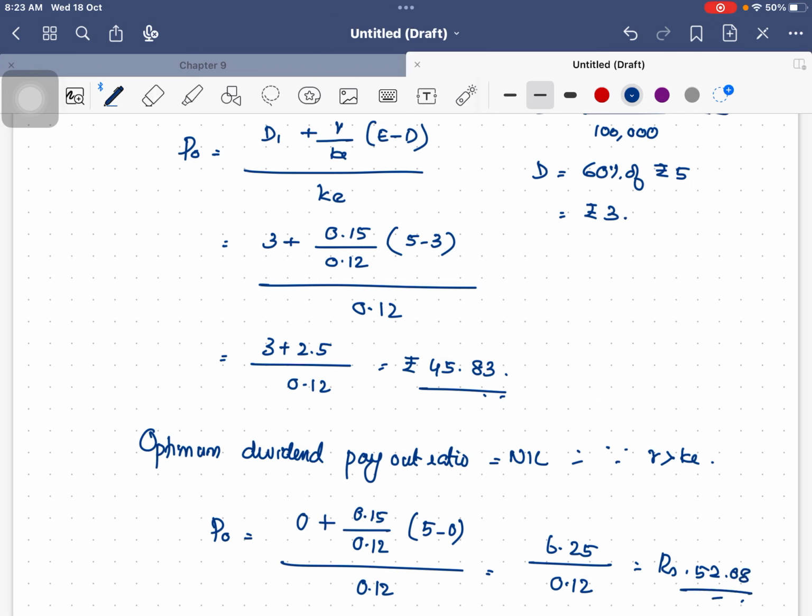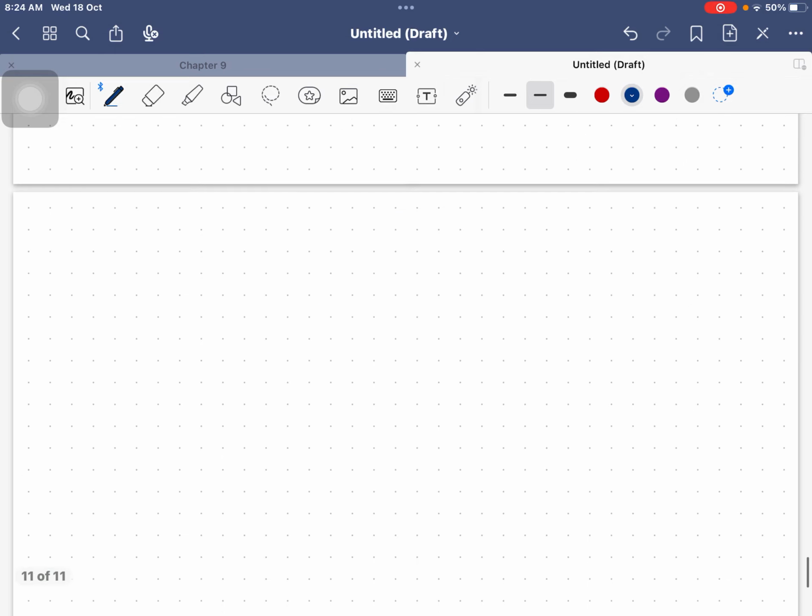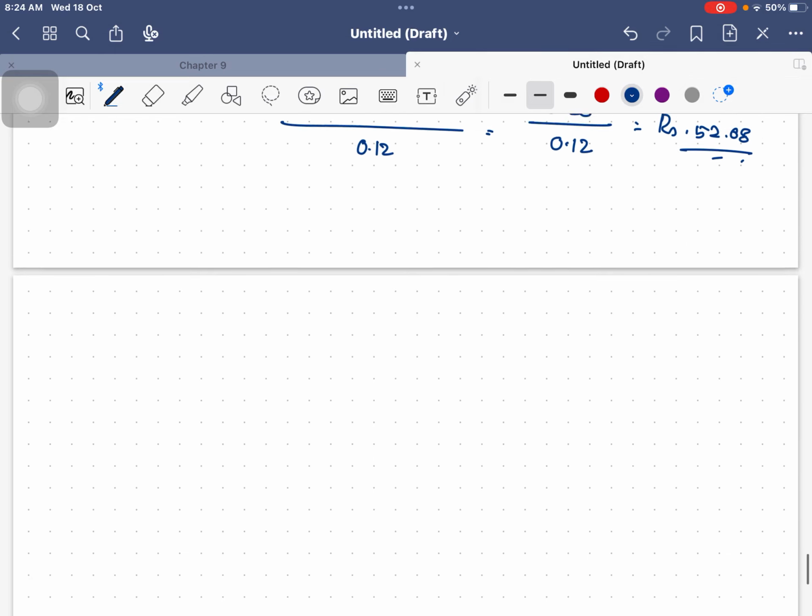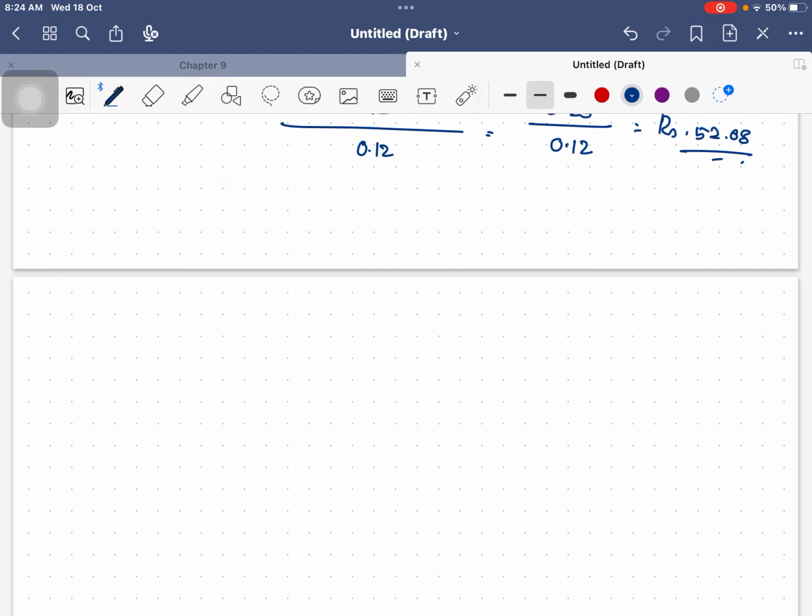See, the value is increasing when you go with the optimum dividend payout ratio. So the value of the firm will be maximum when the optimum dividend payout ratio is applied. That's all about Walter's model, and now we move to the next model, Gordon's model for determining the value of the firm.